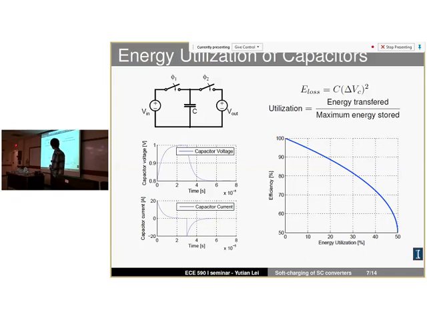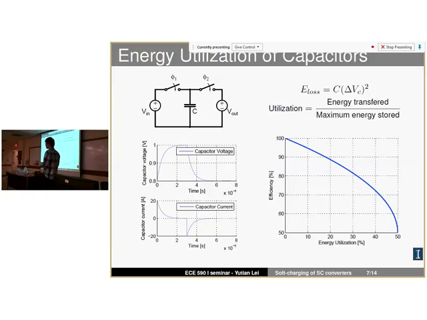If you look at the capacitor voltage waveform, it will rise to the input voltage and then discharge to the output voltage. Now, if you look at the capacitor current, you'll see that it has a huge spike of current whenever you transition from one phase to another. That is because we're really shorting the voltage source and the capacitor.